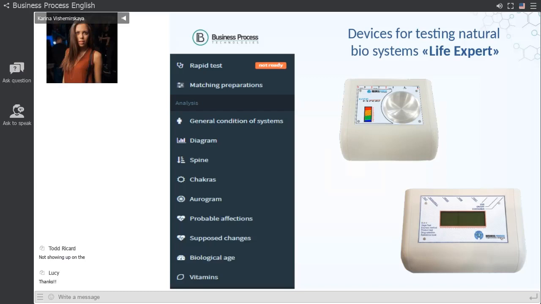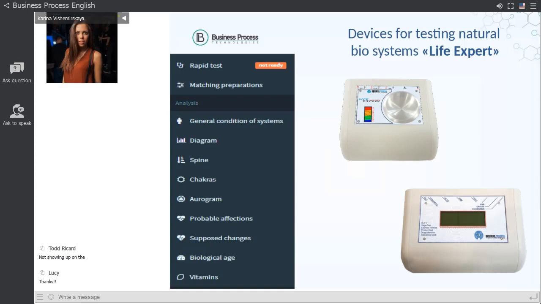Then the probable affections allow us to see the toxins of various parasites and their probability in our body. Supposed changes in the body, it's very easy, you will see it in the presentation. Everything that can be possible in our body, the processes that are probably present in our body due to the test results.